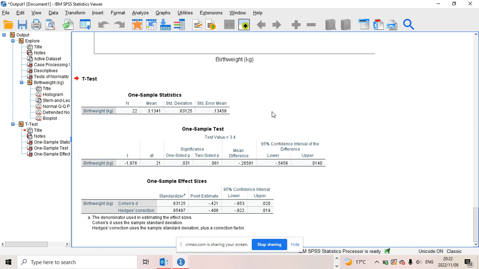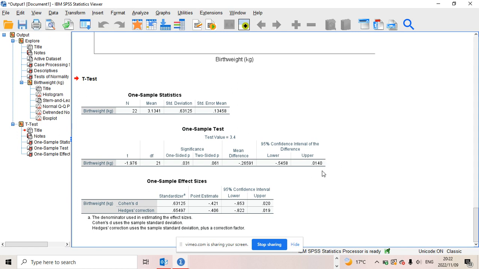That was our hypothesis. But let's see if we need to reject or to accept the null hypothesis based on the statistical data before us. Now, the test value. Look at it. This is our hypothesis figure, 3.4, as it is written here, test value.